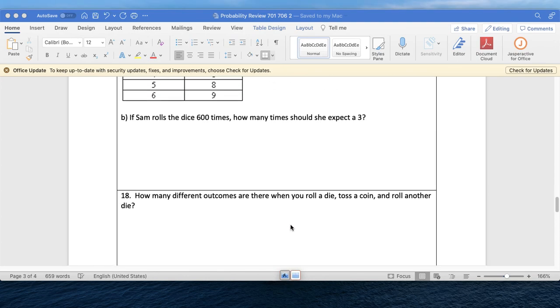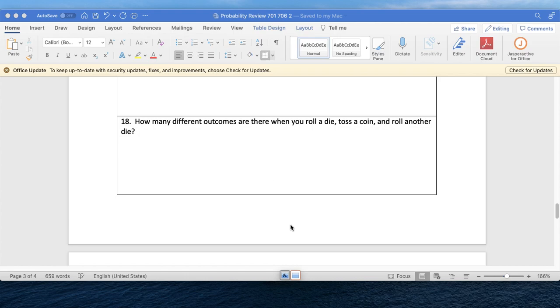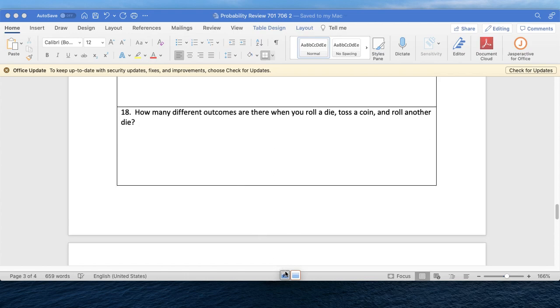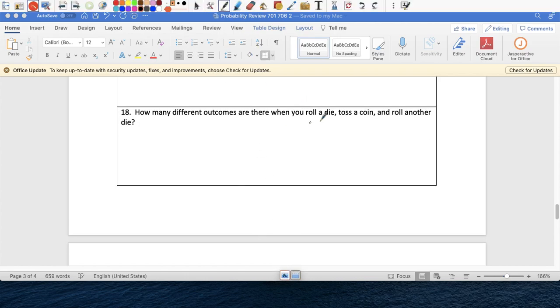How many different outcomes are there when you roll a die, toss a coin, and roll another die? If I roll a die, how many different possibilities do I have? I can have a 1, 2, 3, 4, 5, 6. So there are 6 results, because there are 6 events that can happen.